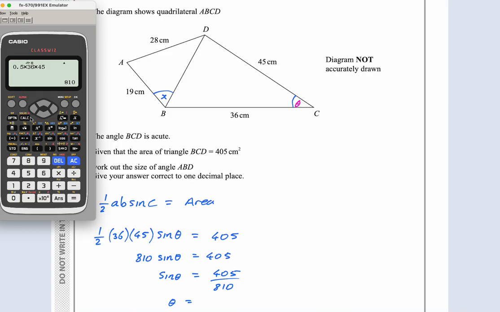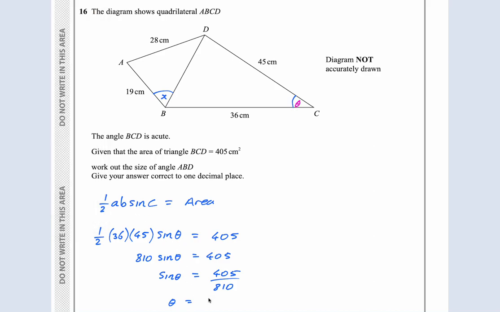So we do inverse sine, then 405 over 810. Make sure you close the brackets, and we get 30. Okay, good. So guys, he said it's an acute angle just because it could be 150 degrees too, using the sine rule, if it was obtuse, but it's not, so let's not worry about that for now. So this angle is 30 degrees.